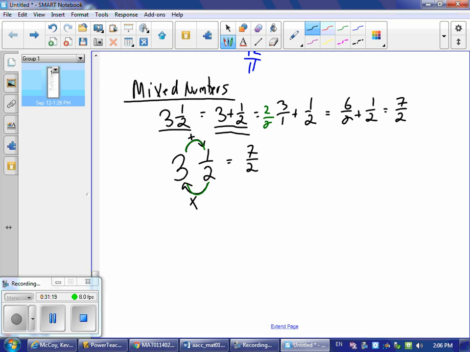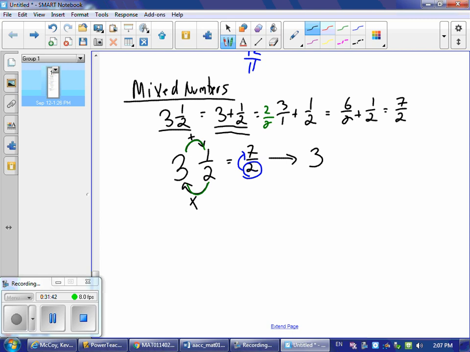If we have to change it back, the idea is, how many times does my denominator go into my numerator evenly? Well, 2 doesn't actually go into 7. It goes into 6, though, 3 times. So there are 3 whole 2's that go into 7.